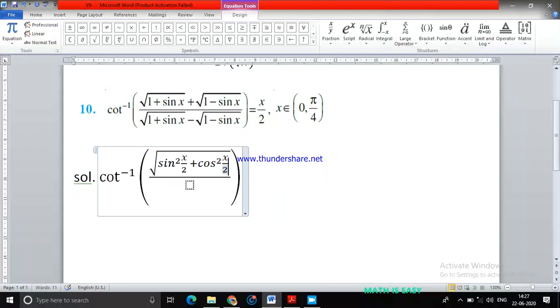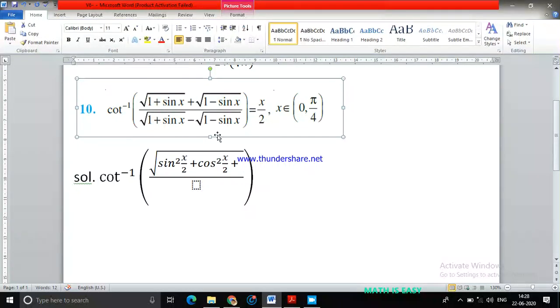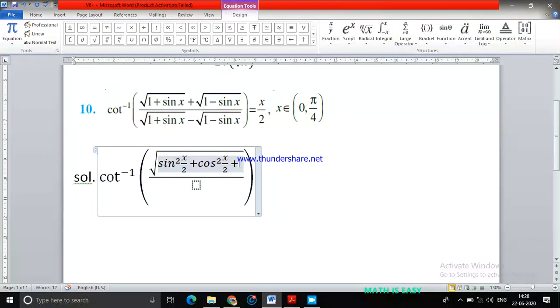Now you may have a doubt why we are taking x by 2. Why can't we take sin square x plus cos square x directly? Because here we have the sin x term. According to the identity, sin 2x is nothing but 2 sin x cos x.